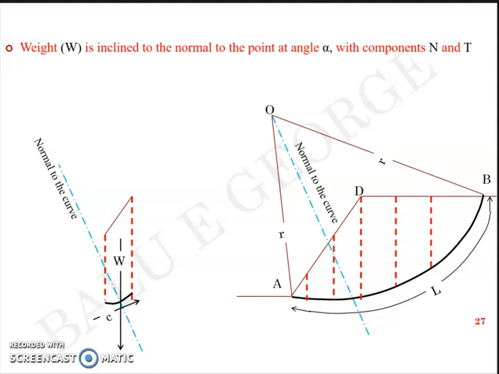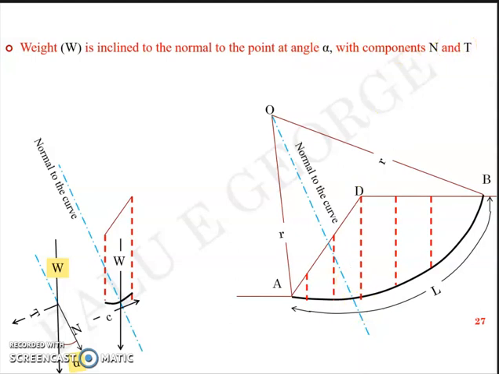In short, I can resolve W in the N direction and the T direction, the resultant of N and T giving me W. So I've written the angle alpha being made by W and the normal. So weight W is inclined to the normal at the point at angle alpha, with components N and T.